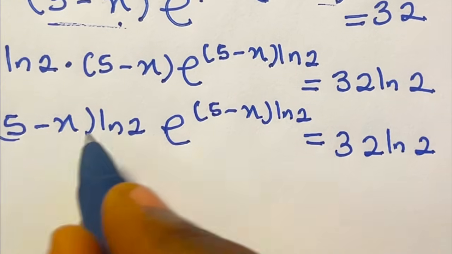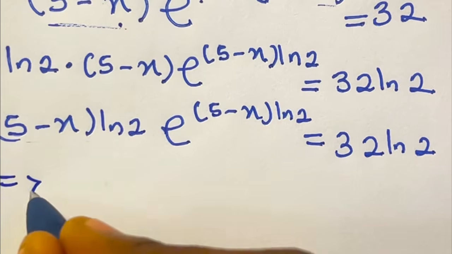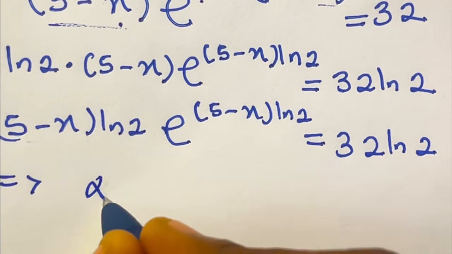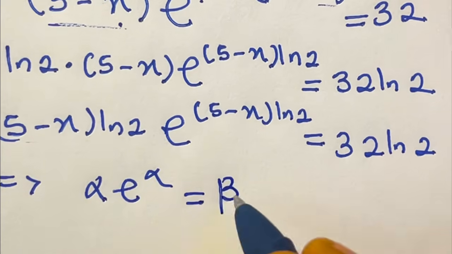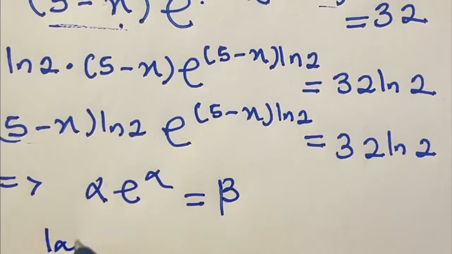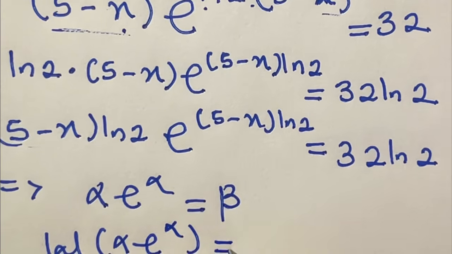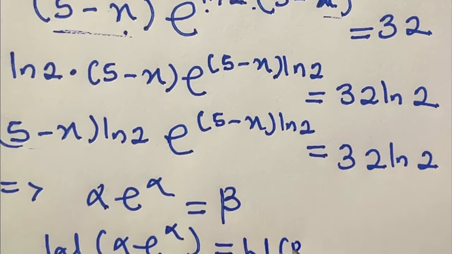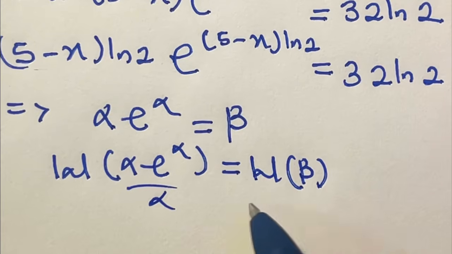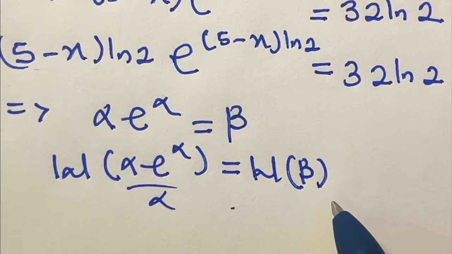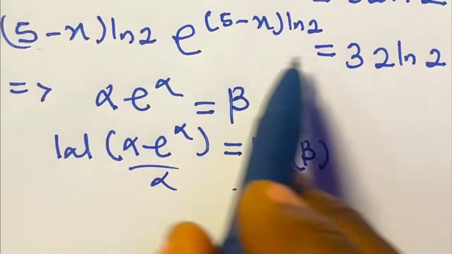Now the base and the power here are the same. What I said earlier is that if you have alpha exponential alpha equal to beta, then the Lambert function of this will be equal to the Lambert function of beta. If this is alpha, this will be the Lambert function of beta. So we have to introduce the Lambert function to this.